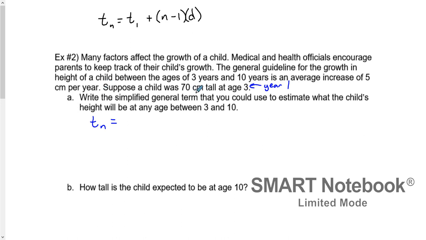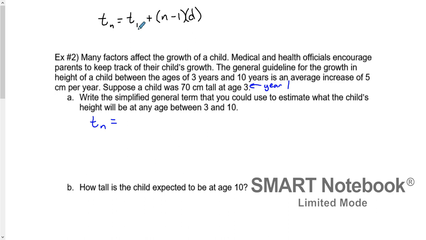Now, 70 centimeters is kind of generally average, but at the same time, it depends on the child and lineage and genealogy and all that kind of idea. But let's just say the child is 70 centimeters tall at the age of 3. So let's find out what would be the height at any age in between 3 and 10.